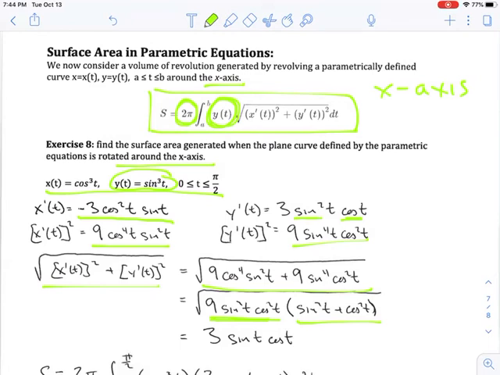So all we are left with is the square root of 9 sine squared t cosine squared t. Those are all perfect squares. So the square root of 9 is 3, the square root of sine squared is sine, the square root of cosine squared is cosine.